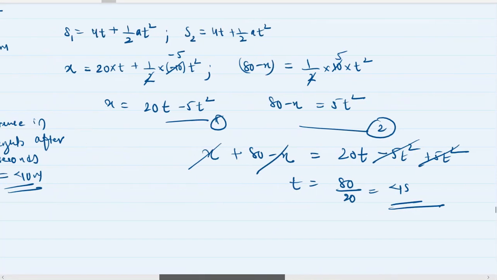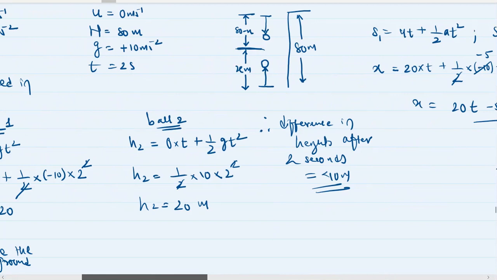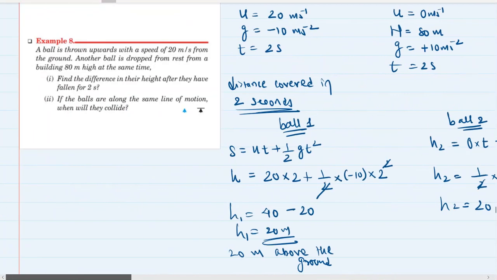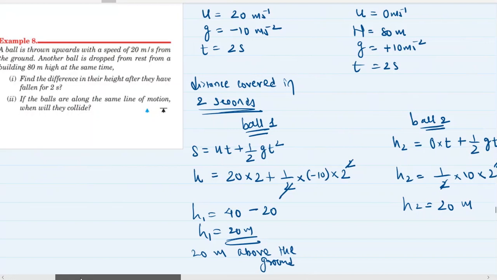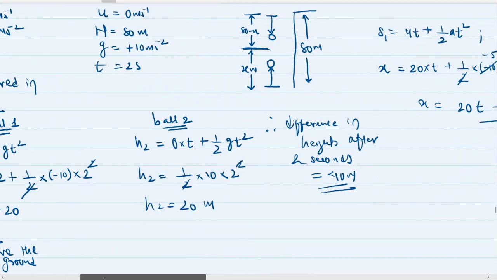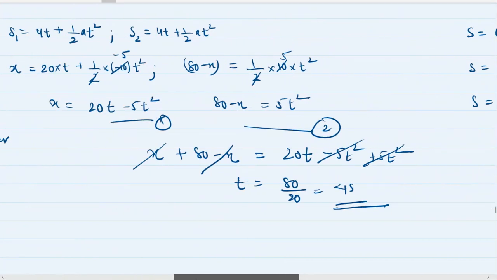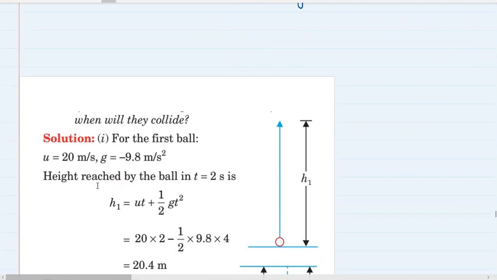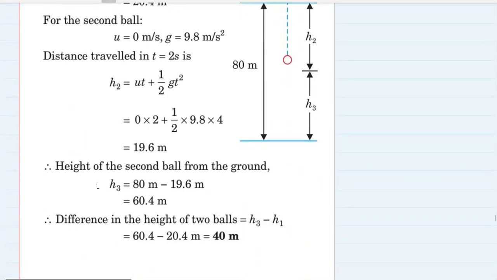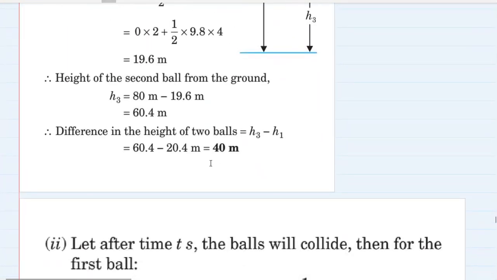Okay guys, now it's up to you. Wait, what was the first answer? Find the difference in their heights after they've fallen 2 seconds, 40 meter, and the time comes out to be 4 seconds. Let's first check the answers. Okay, so the difference in their heights is 40.